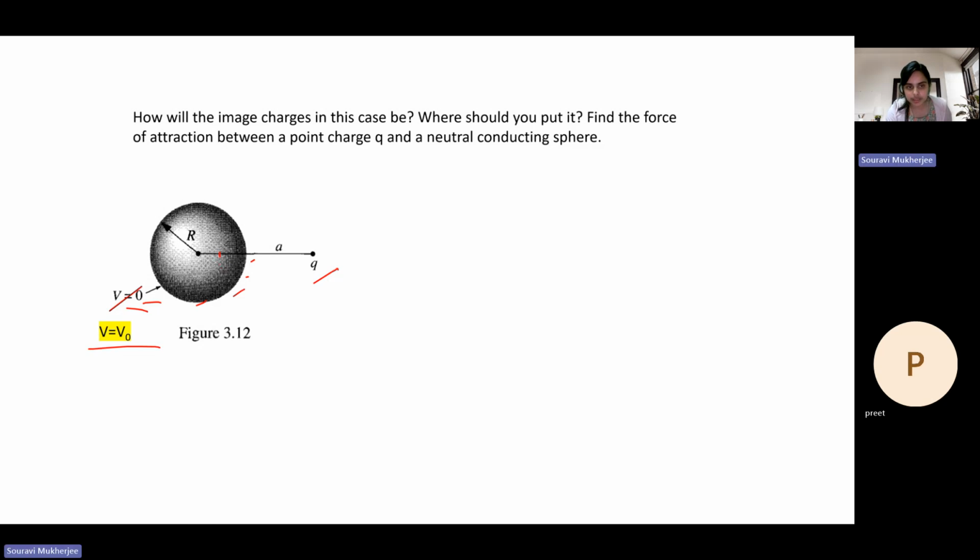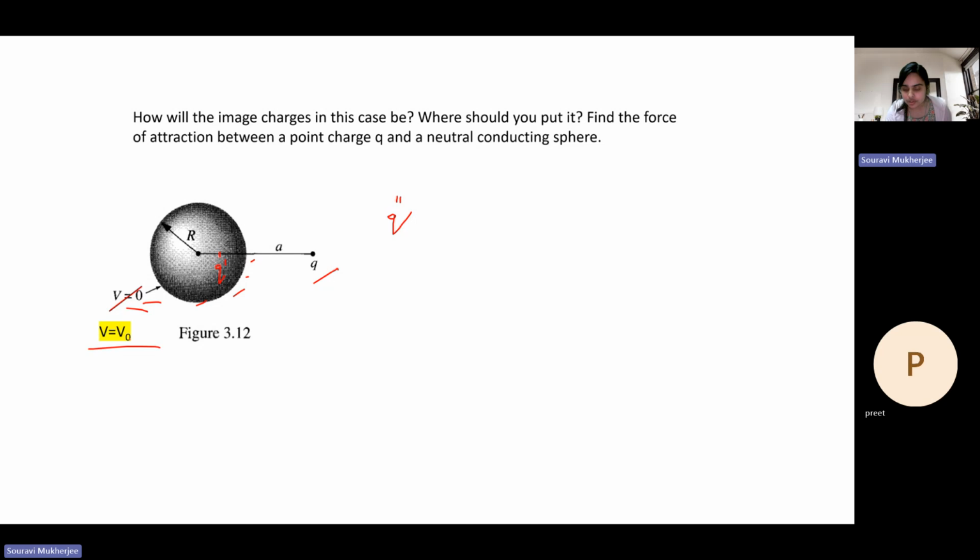When you bring in the Q prime charge, like in the last question, that actually nullifies that effect and you have the potential going to zero. Now you have to bring in some other charge, Q double prime, somewhere, which will set the potential on the surface R equal to capital R to V naught.